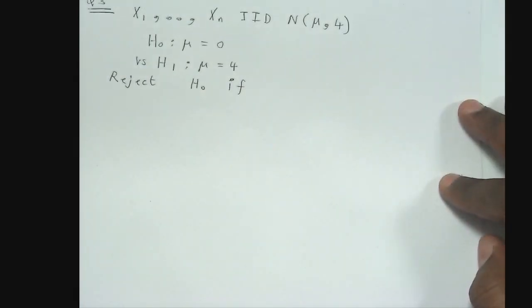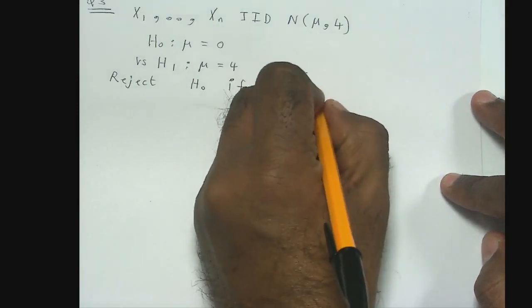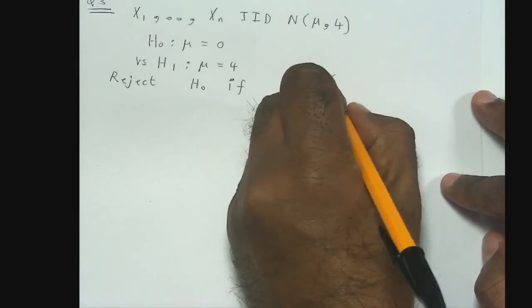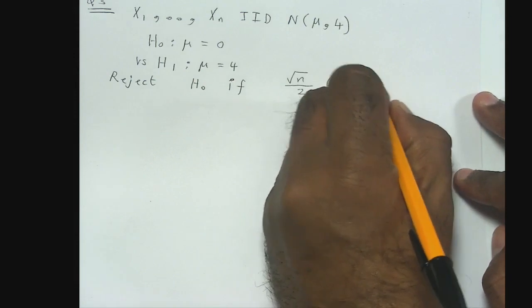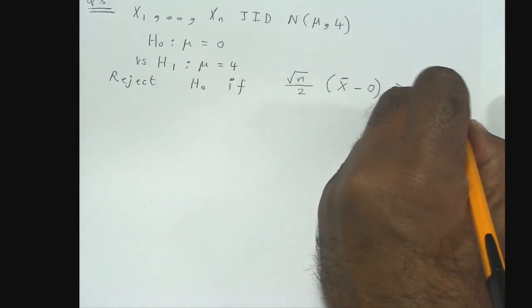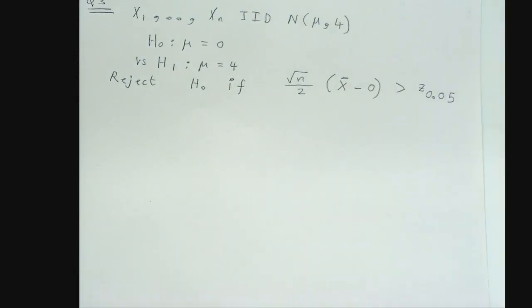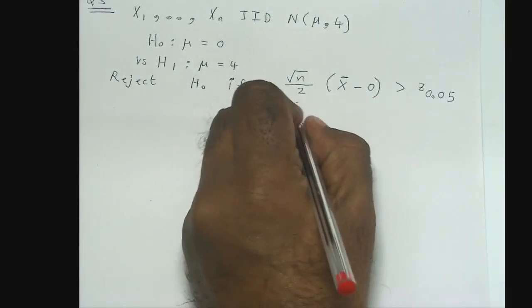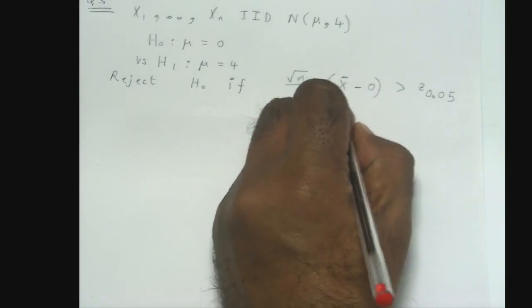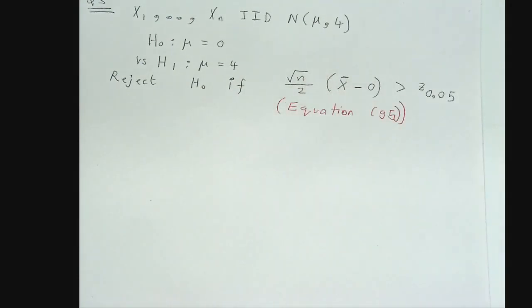So you will use the second rejection rule on page 20, which says that root n divided by sigma, which is 2, times x bar minus mu 0, which is 0, is greater than z alpha, which is 0.05. So this is the rule that you will use. I think this is equation 95 in the lecture notes.